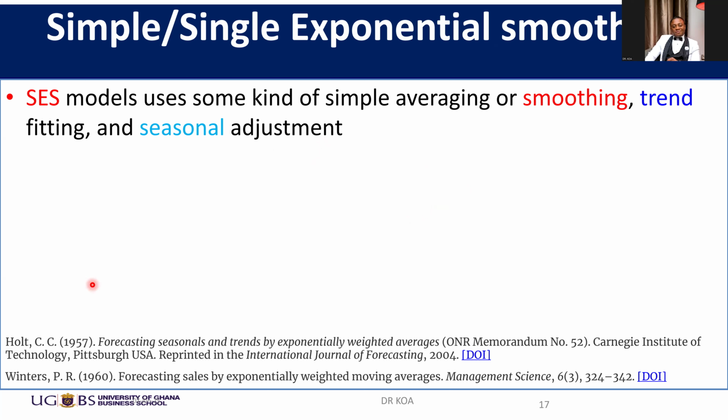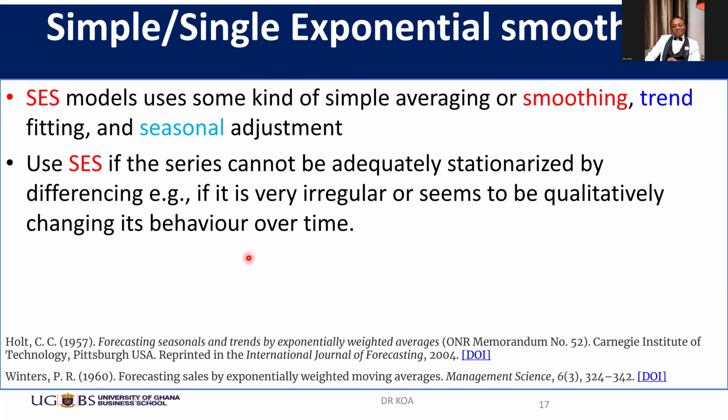It was propounded by Holt in 1957 in a paper called Forecasting Seasonals and Trends by Exponentially Weighted Averages. Others have extended it.